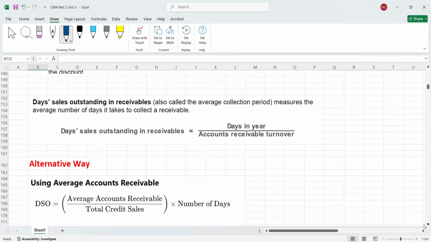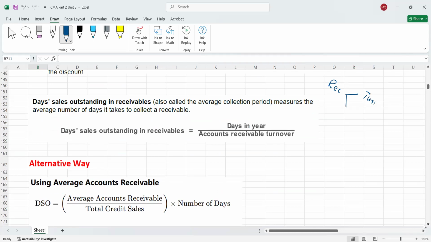Okay, this was all about turnover ratios. Now, as I told you previously, regarding receivables we got two ratios. One I told you is the turnover ratio, and the second is the collection period.